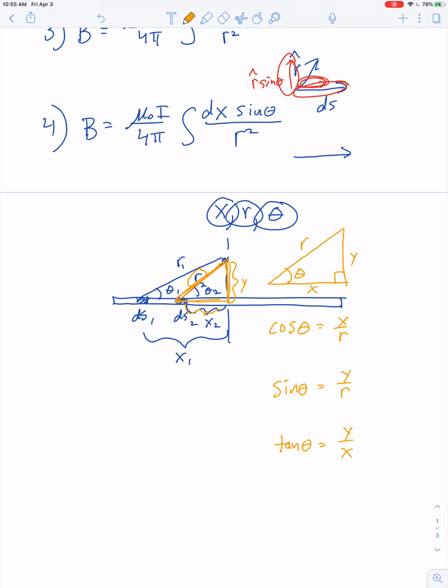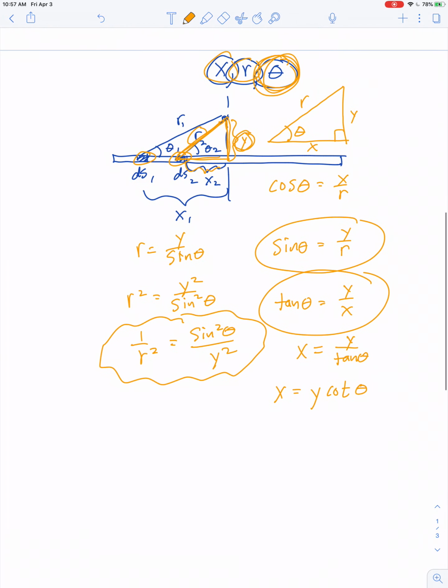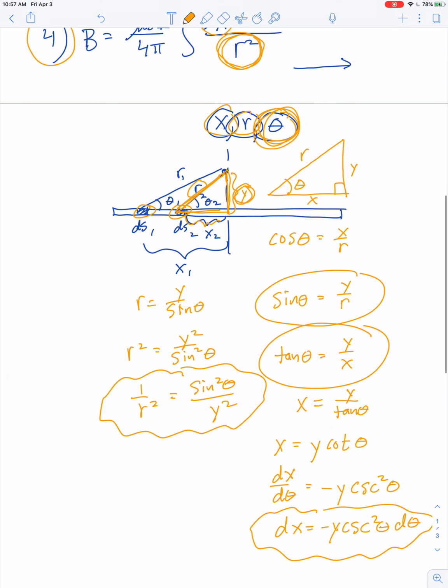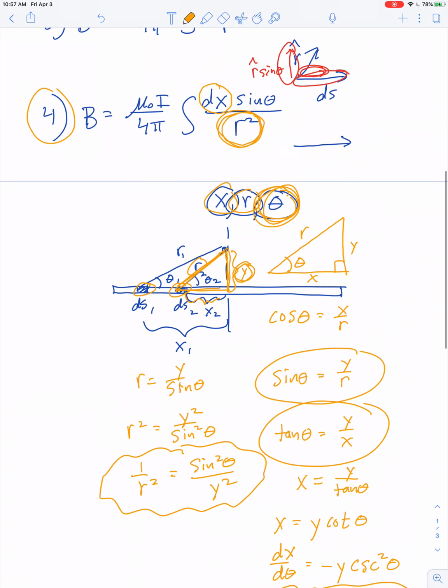Now we don't exactly have an x in our step 4, but we do have a dx, so let's take the derivative. Dx d theta would be negative y cosecant squared theta, or in other words, dx is negative y cosecant squared theta d theta. Now we have two substitutions that we can make back into step number 4.